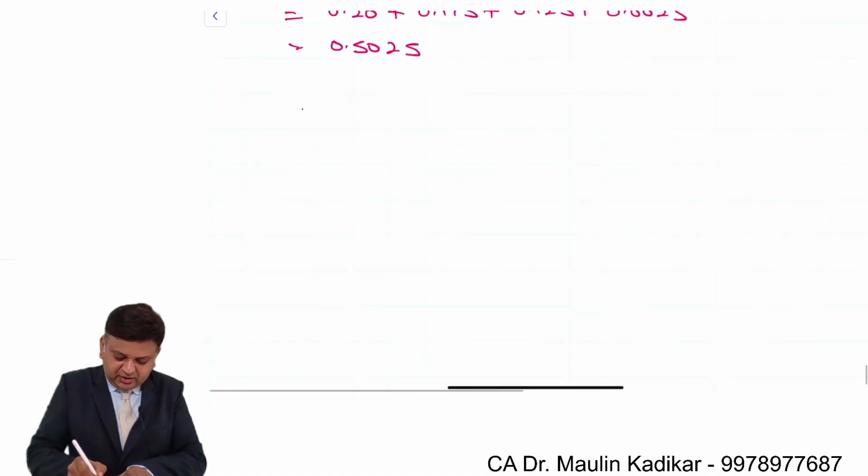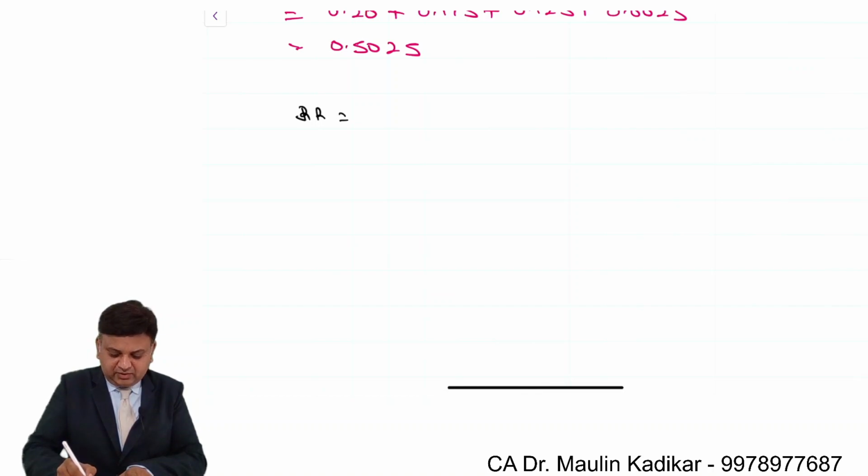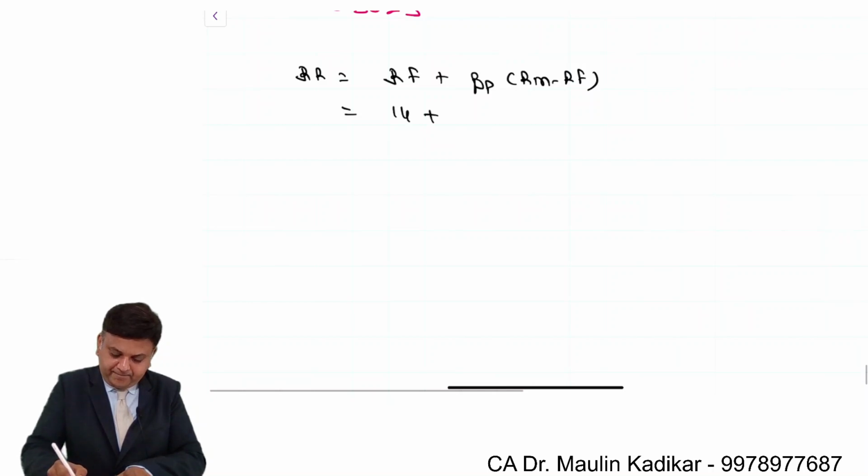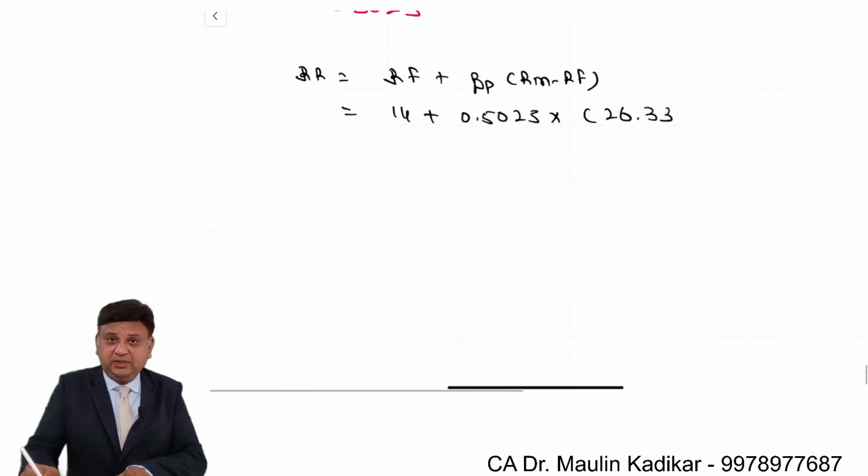It is the required rate of return, that is the average return, equal to RF plus beta of the portfolio into RM minus RF. RF is 14 plus 0.5025. The return on the market portfolio is 26.33 minus RF, which is 14.